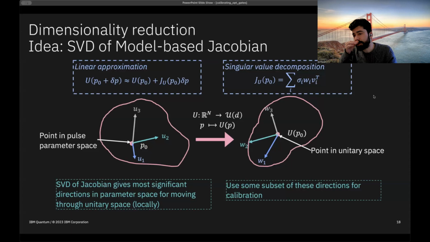This assumes that you're already close, so it assumes that your model is good enough to get you close to what you want in the unitary space. It's hard to quantify exactly what that means, but we tried these things out in an experiment and it seems to be working so far.